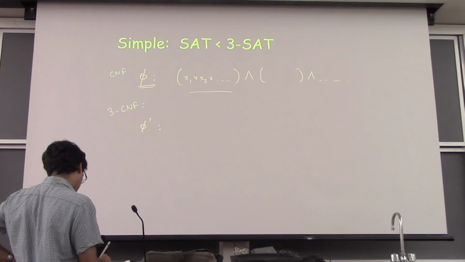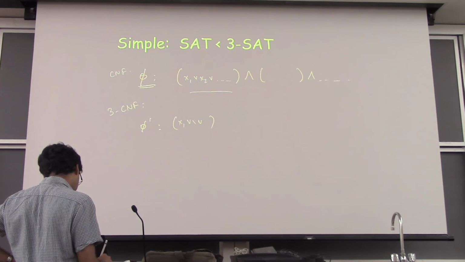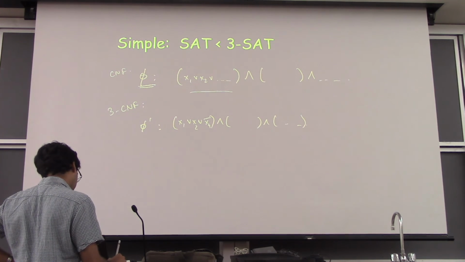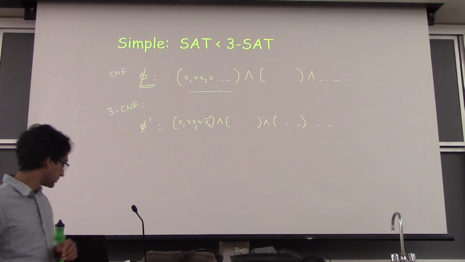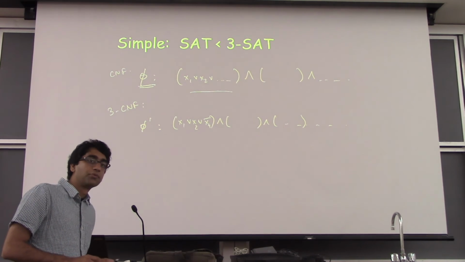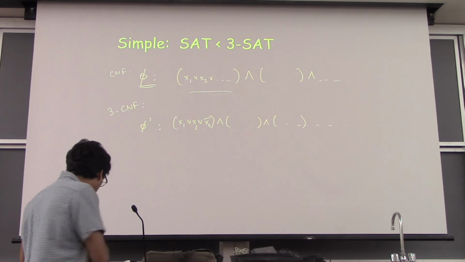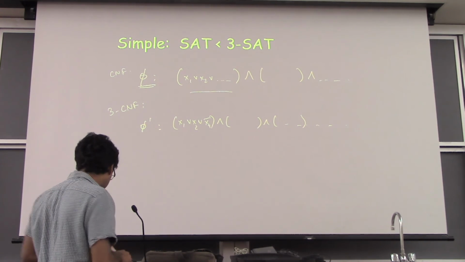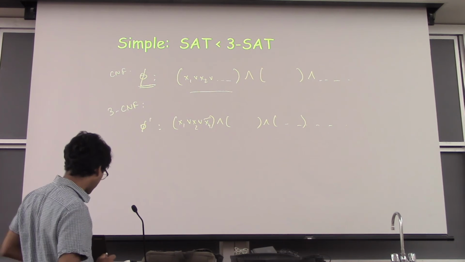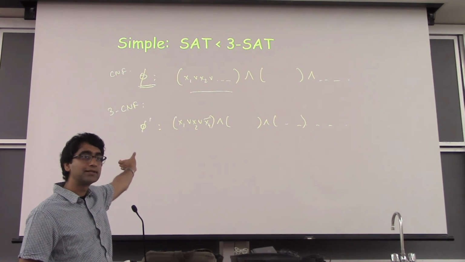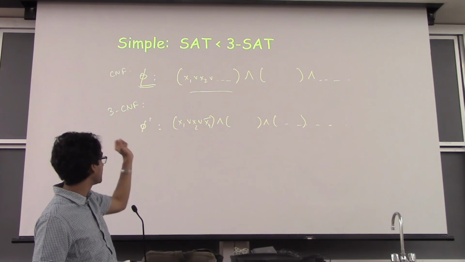It's a formula where all clauses have 3 literals connected by ORs, like x1 or x2 or something else, of size 3, and something else of size 3, and so on. Now, what I first want to show is that satisfiability for arbitrary CNFs is equivalent to satisfiability for just these 3CNFs.